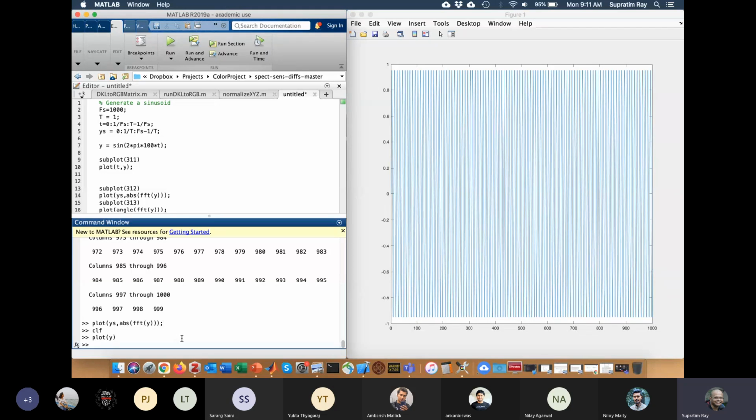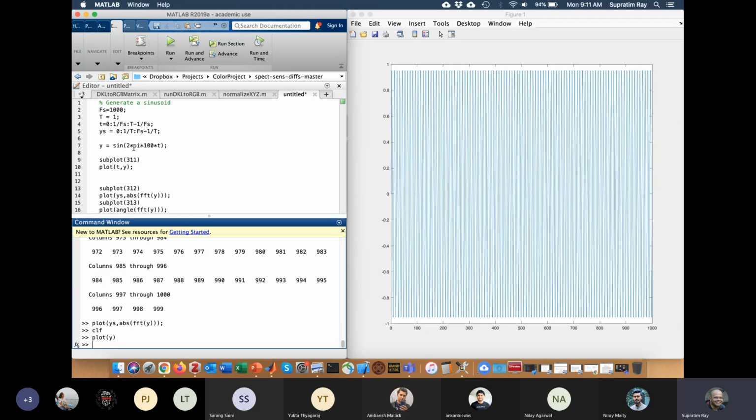Okay, so if we express this as a complex exponential, what will that be?